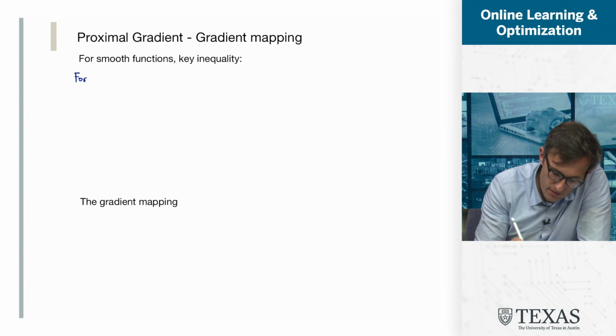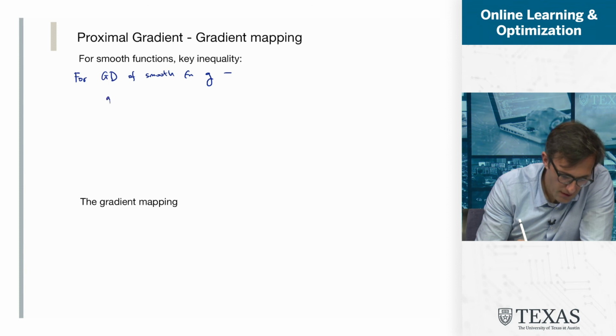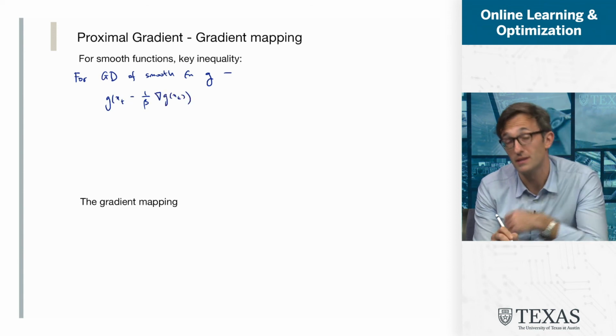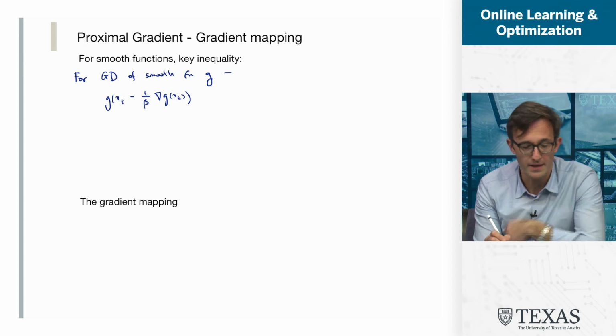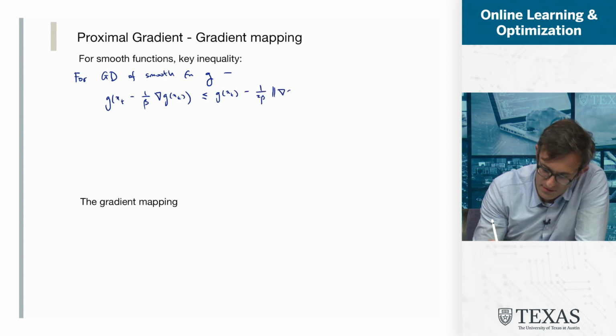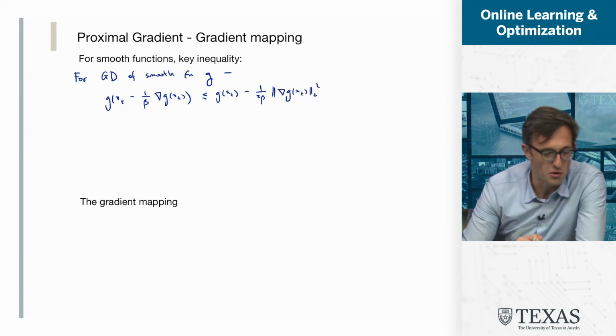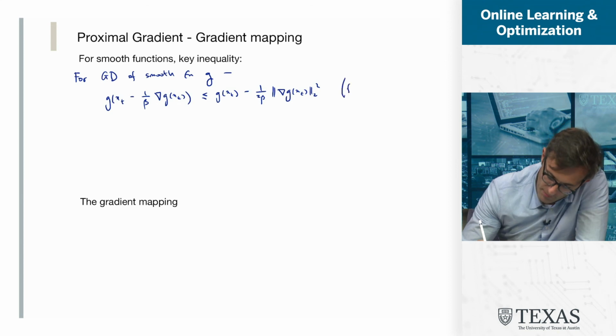So for gradient descent of a smooth function g, the key inequality that we used was that g of xt minus 1 over beta times the gradient of g of xt, this is basically my gradient update when my gradient step is 1 over beta, is less than or equal to g of xt minus 1 over 2 beta times the norm squared of the gradient of g evaluated at xt. We've used this over and over and over again. Okay, this comes from the quadratic upper bound.